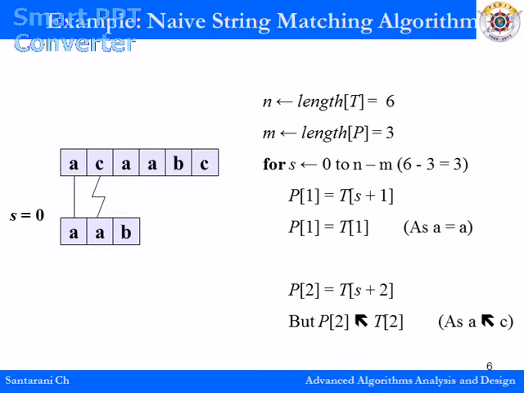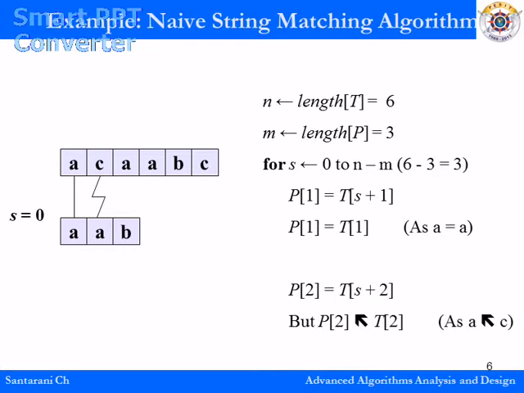Consider an example for this string matching algorithm. Here the text given is ACAABC, and the length n is 6, and the pattern is AAB, so m equals 3. For s equal to 0 to n minus m, that is 6 minus 3 equals 3.